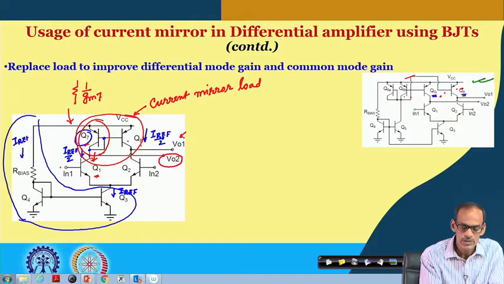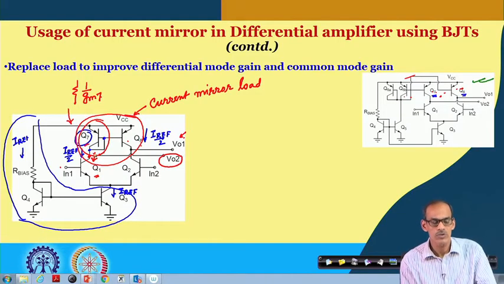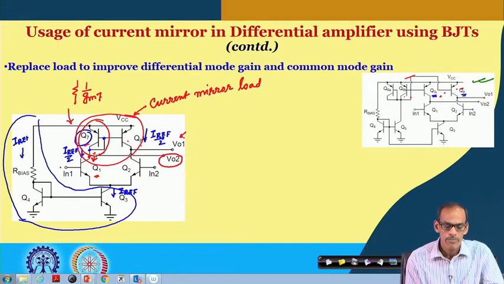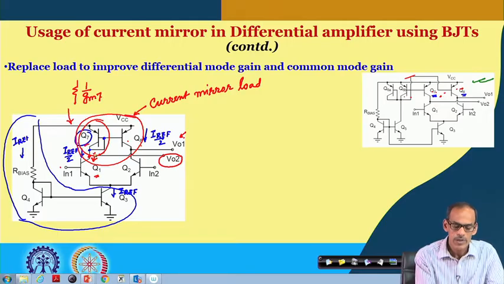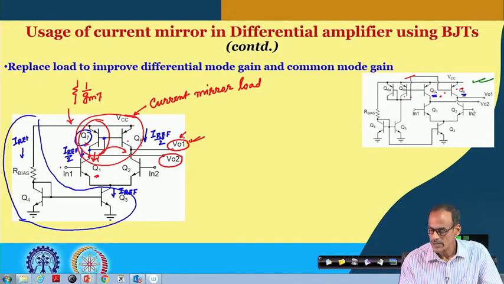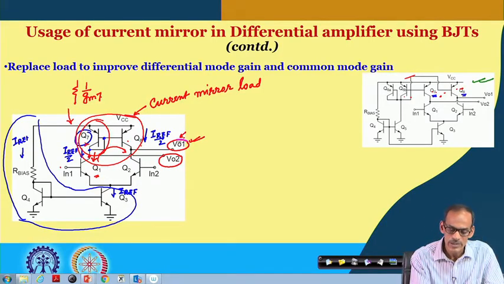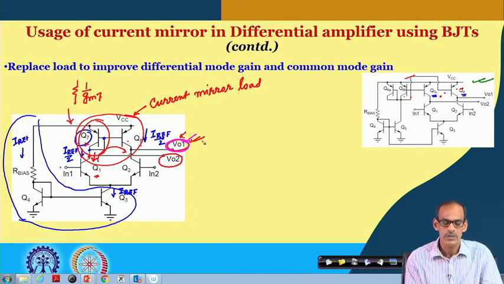So, as a result, at this node the signal will be less, but we have to keep in mind that because the signal is getting mirrored from transistor 7 to 8, the signal on the other side, namely at VO1, is getting enhanced, and the signal here is getting doubled.